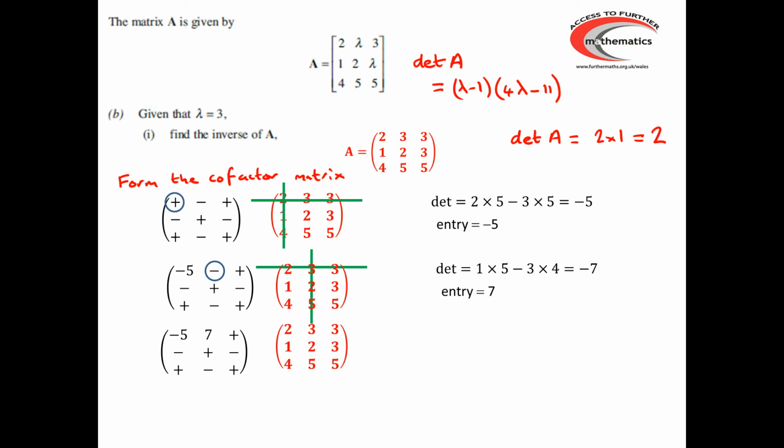Moving on to the third entry, the determinant is 1 times 5 take away 2 times 4, which is minus 3. The entry in the grid matrix is a plus, so the entry must stay the same as the determinant, which is minus 3. So the entry is going to be minus 3.